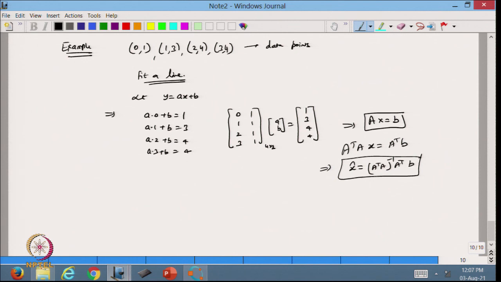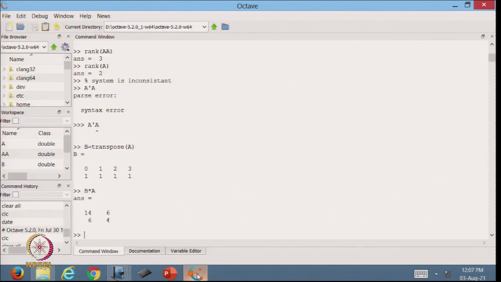So, I need to find out this value. I have taken A transpose A. I just found the A transpose. Now I want to find the inverse of this.